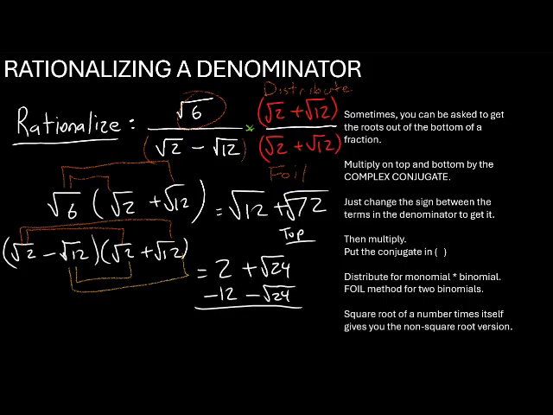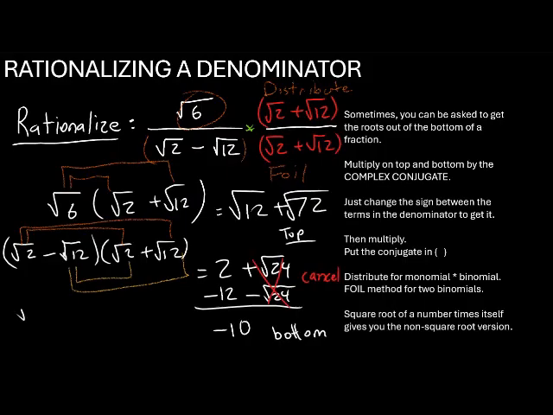Now notice that we have two square roots, one positive, one negative, but they're exactly the same number, square root 24, so these will cancel out. And so all we have left is 2 minus 12, and that will give us negative 10. This will be what goes on the bottom.